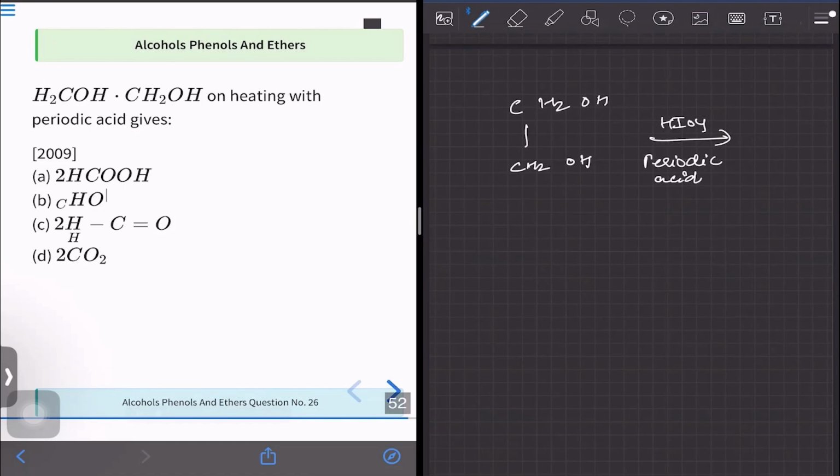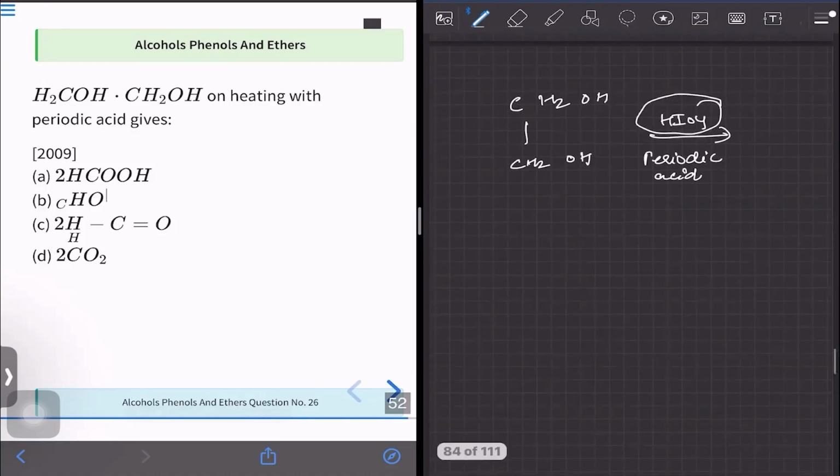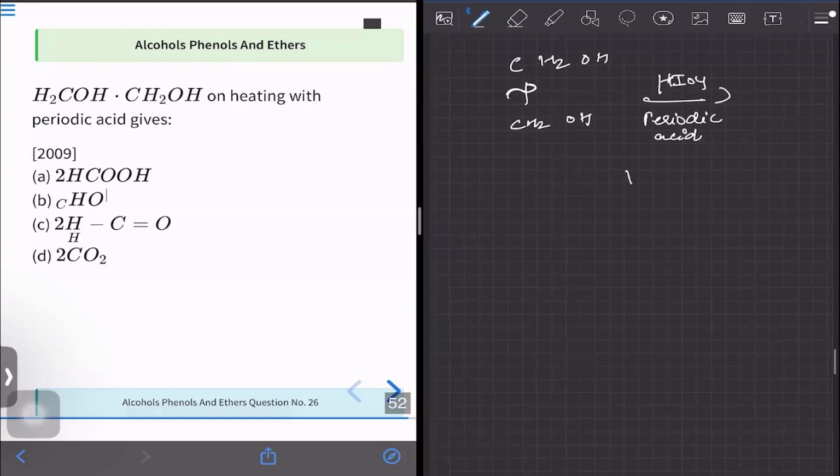What is periodic acid? That is HIO4. In the presence of this, it breaks this bond. Periodic acid breaks the bond between the carbon atoms.